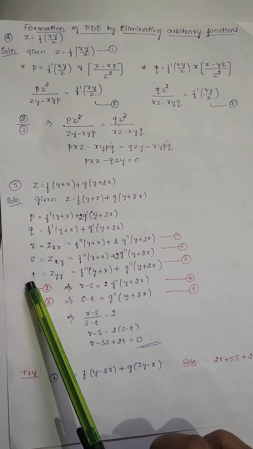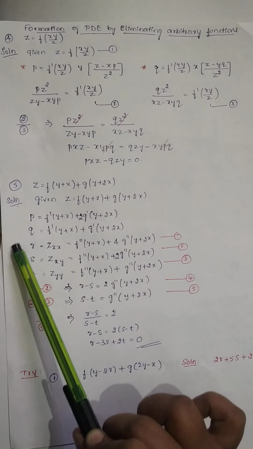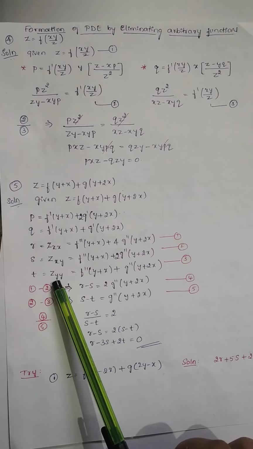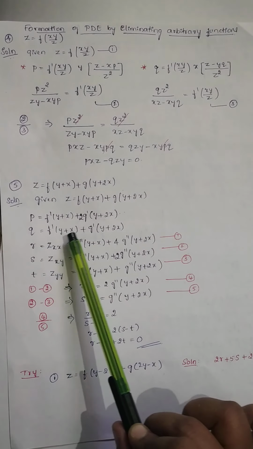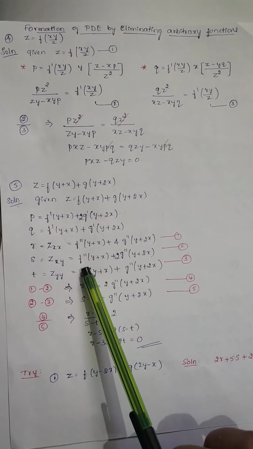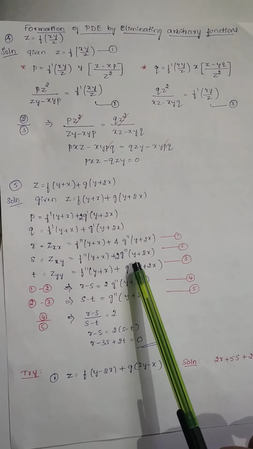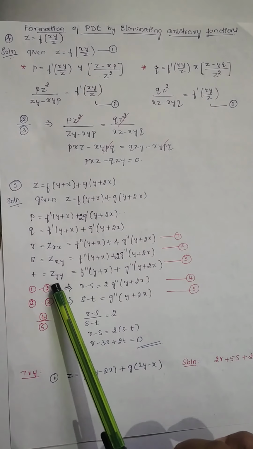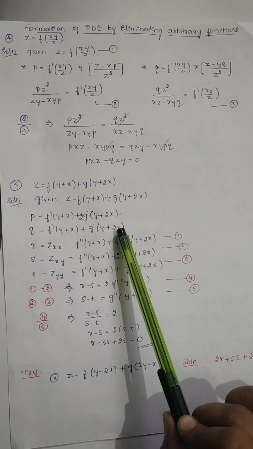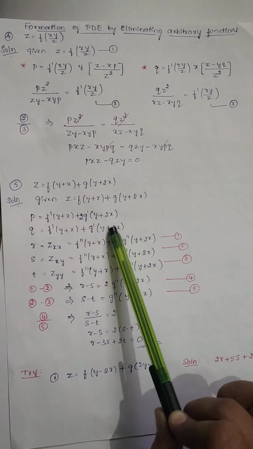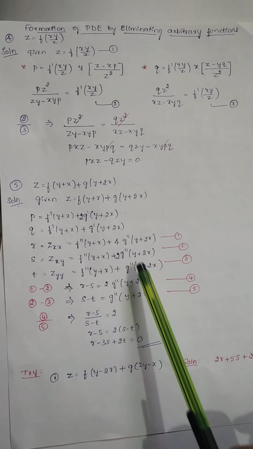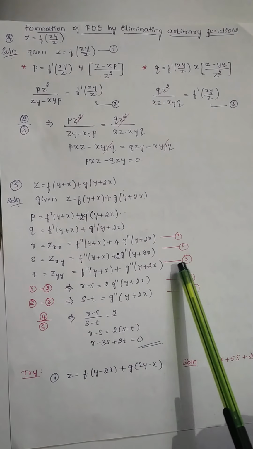And now writing t, meaning differentiation of q with respect to y. So f dash of y plus x differentiation is f double dash of y plus x plus g dash differentiation is g double dash of y plus 2x. With respect to y you are differentiating, so differentiation of 2x will be 0, differentiation of y will be 1, and you are calling it as equation number 3.